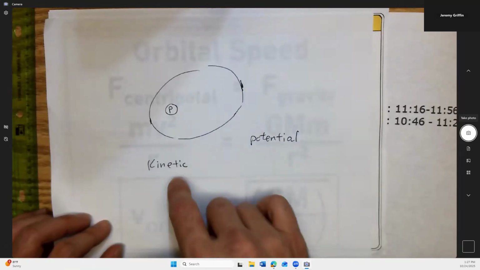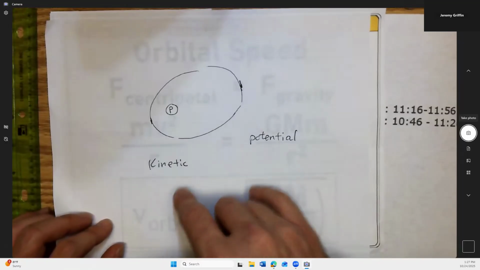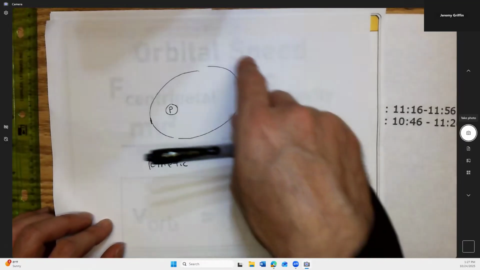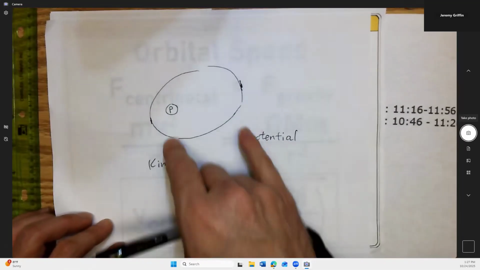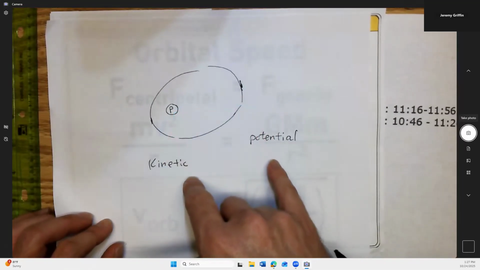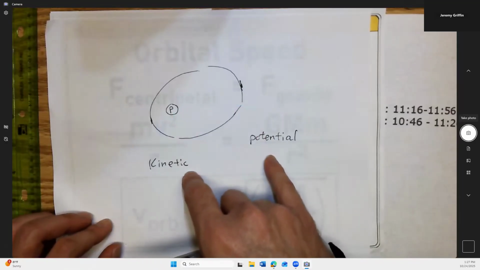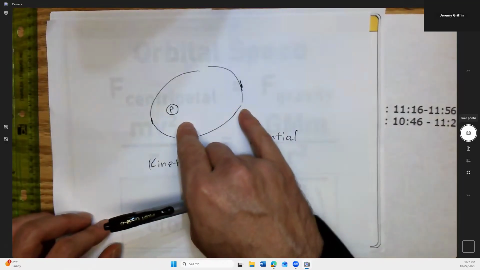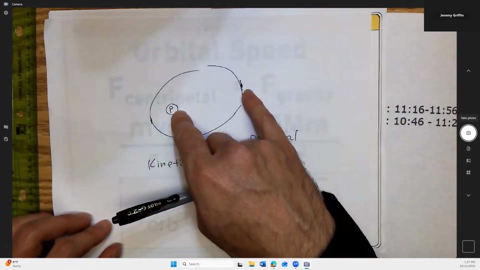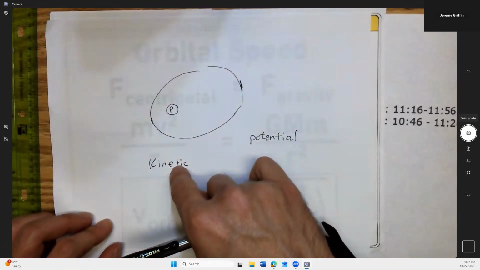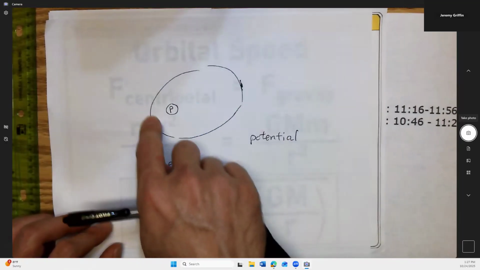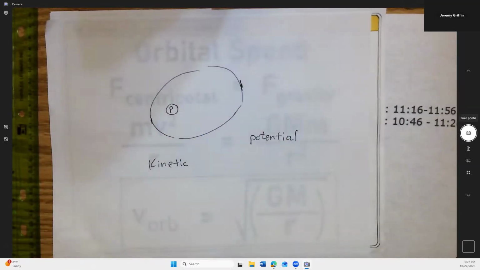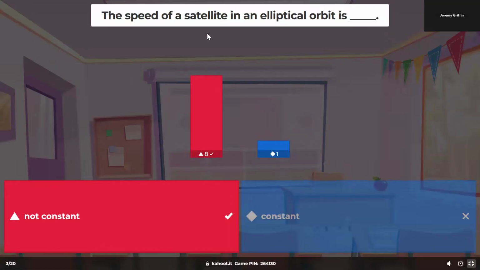If you add up these different forms of energy, as long as the system is closed, which it is in this case, for the satellite plus the planet, the total amount of energy stays constant. Potential energy is large at a huge distance from the planet and a very slow speed. So it has a lot of potential and very little kinetic, and vice versa over here, it has a lot of kinetic and very little potential. I think that'll pop up at some point later today.